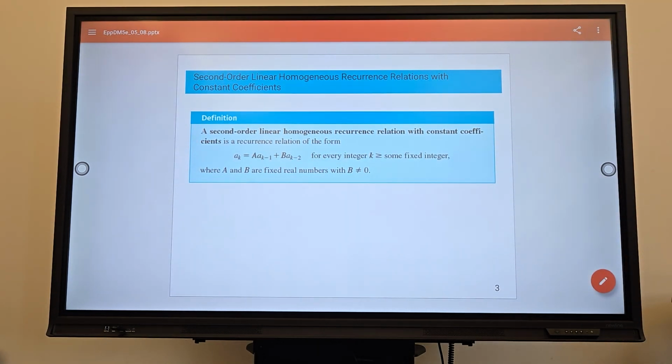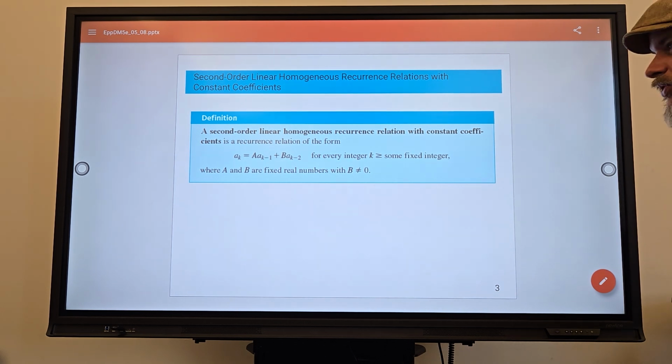A second order linear homogeneous recurrence relation with constant coefficients is a recurrence relation of the form a sub k equals capital A times a sub k minus 1 plus capital B times a sub k minus 2 for every integer k greater than some fixed integer, where A and B are fixed real numbers with B not equal to 0.